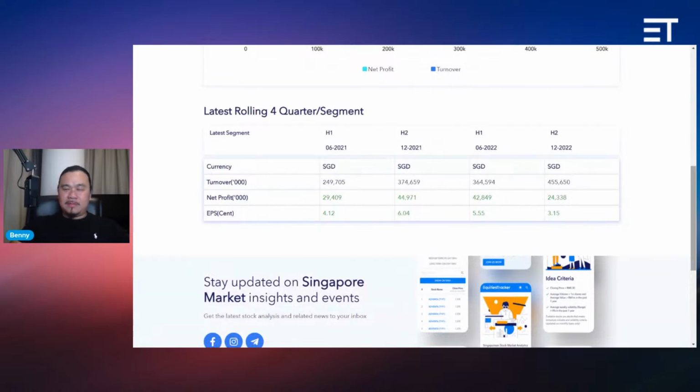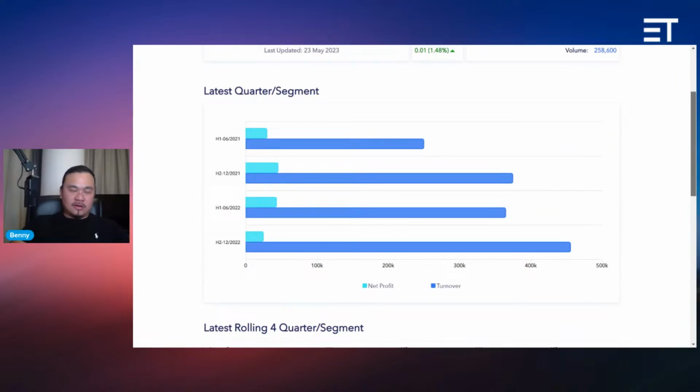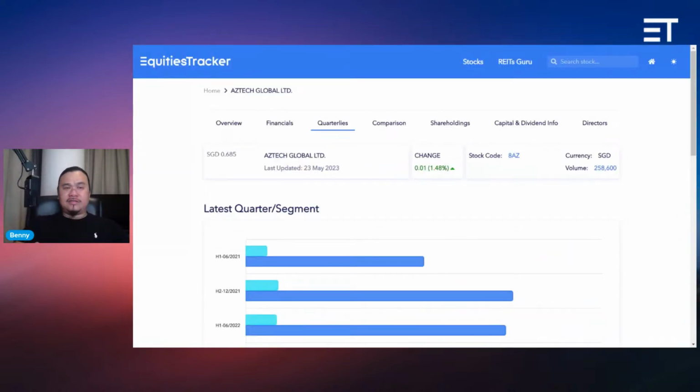But remember, this website is basically for you to look for opportunities, right? So instead of trying to figure out which stock to look at in the Singapore market, this will give you a list of stocks that have been filtered by different criteria, right?